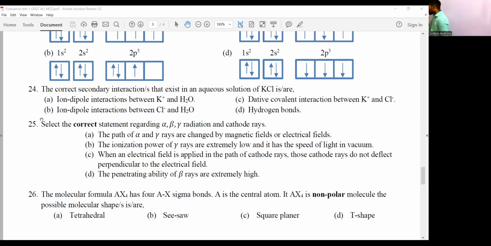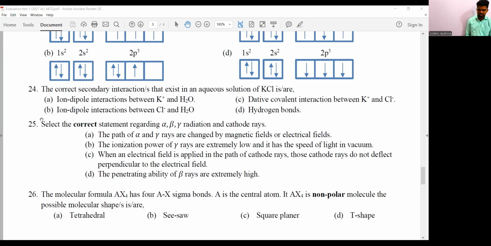And beta particles and cathode rays have similar properties, because they both are electrons. Understood? So now let's see statement 1. Path of alpha and gamma rays are changed by magnetic field or electrical field. That statement is wrong, because gamma rays are not changing their path as they don't have any charge.